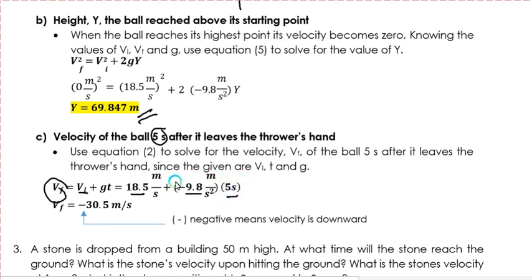So take note, gravity is always negative since it is going down, so we have negative 9.8 meters per second squared. So that will be equal to, if we solve, negative 30.5 meters per second. But this means that the velocity is going downward. At this point, that is why it is negative.